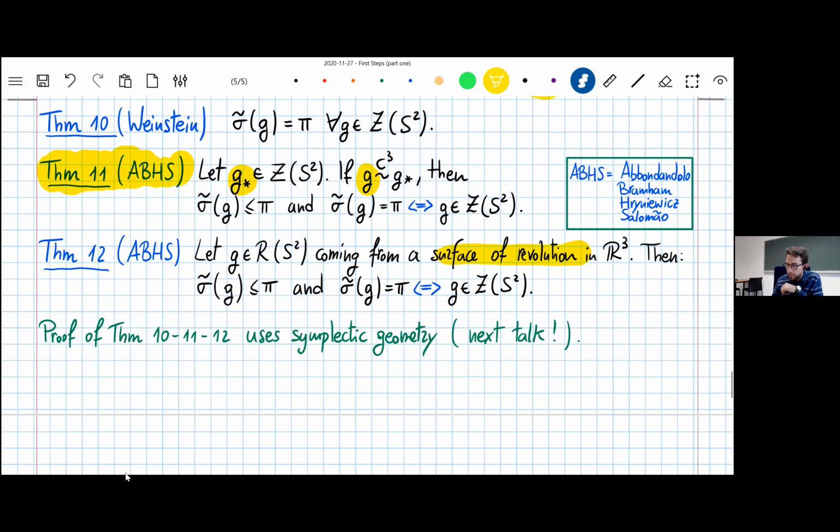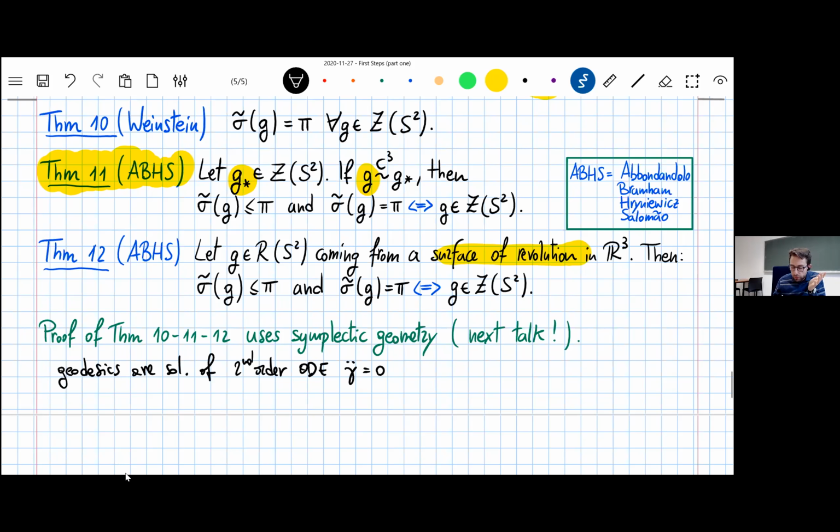A way to think about the role of symplectic geometry in this is that we started with geodesics. Geodesics are solutions of a second order differential equation, gamma dot dot equal to 0.